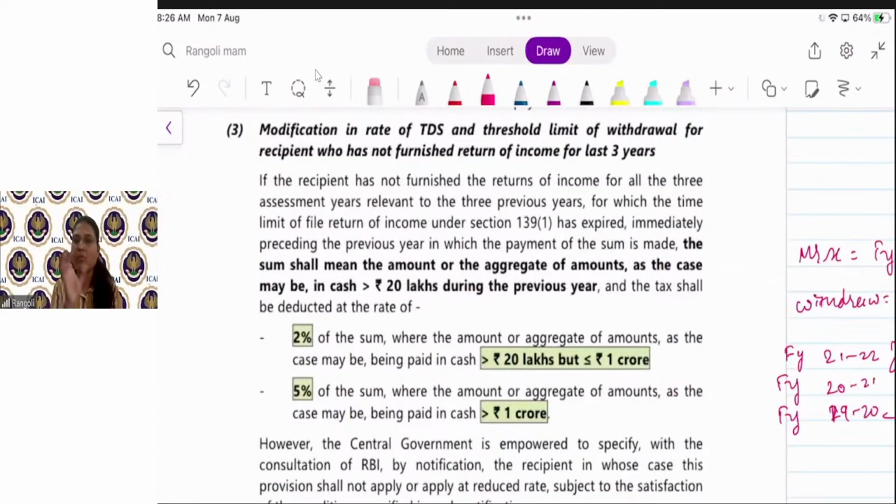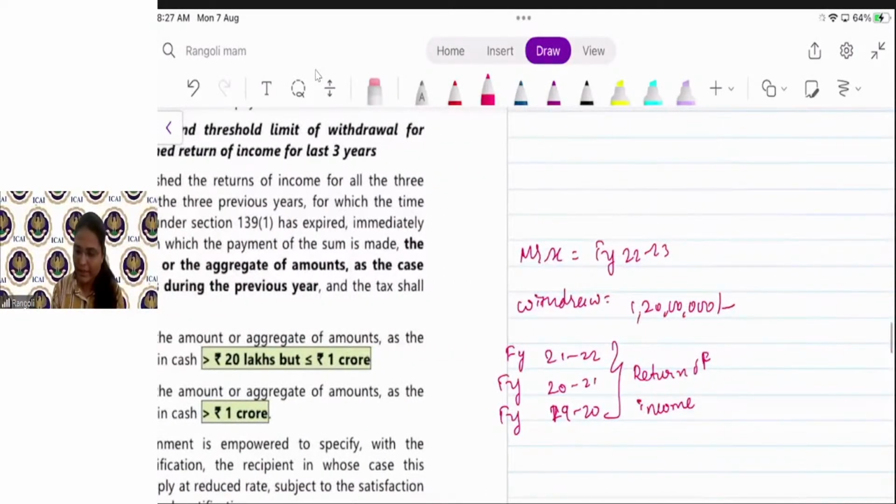If you are filing regular return of income, then your threshold limit is 1 crore. If you are withdrawing more than 1 crore, then only the bank will deduct TDS. But if you have not filed return of income for all the last 3 years, then the bank will deduct TDS at the rate of 2% for a withdrawal amount more than 20 lakh but less than or equal to 1 crore. So in our case, it is 1 crore 20 lakh.